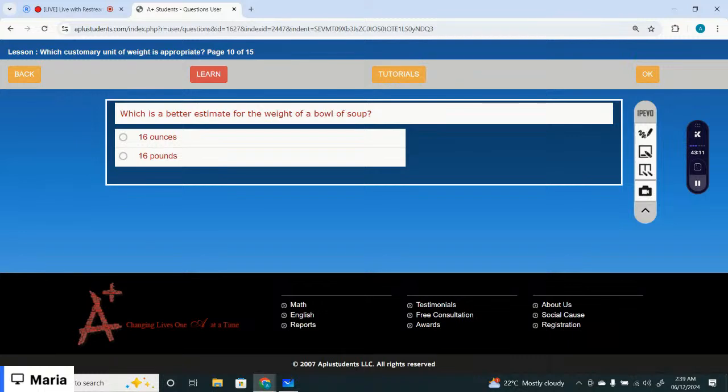Which is the better estimate for the weight of a bowl of soup? Which is the correct option? That is 16 ounces. Option number 1 is the correct option. Okay, you can complete the lesson by yourself later today.